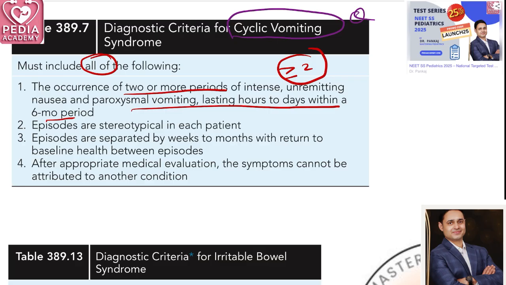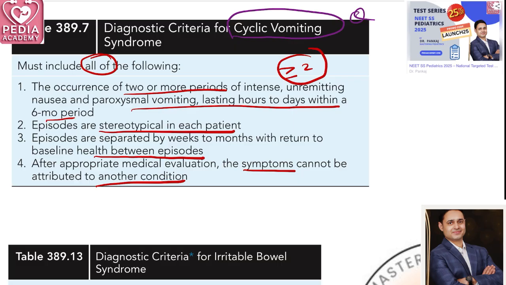Episodes are stereotypical in each patient. These are not just a regular thing. Episodes are separated by weeks to months with return to baseline health between episodes. After appropriate medical evaluation, the symptoms cannot be attributed to another condition.